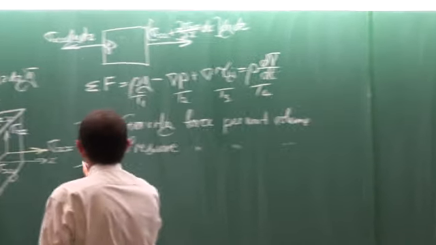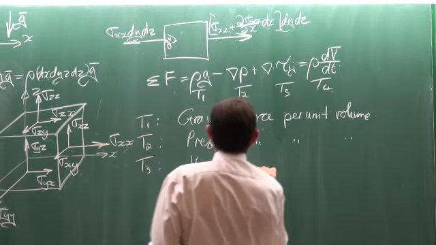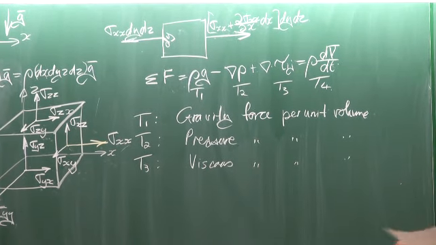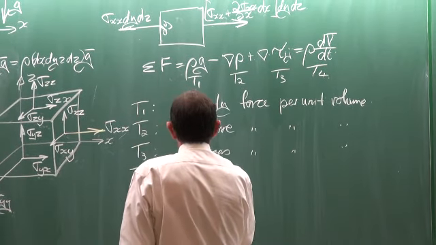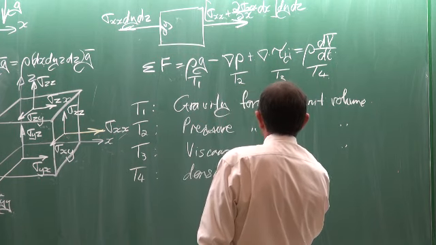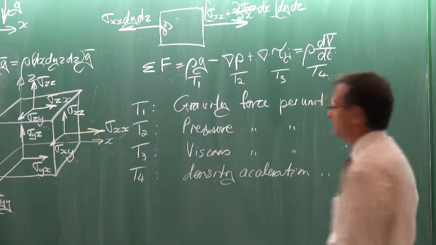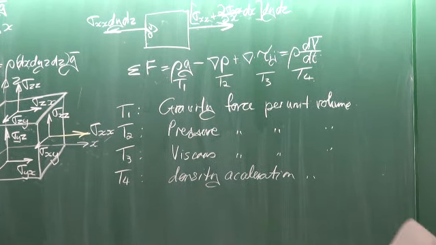Term 3 is the viscous force per unit volume, and term 4 is just the density times acceleration per unit volume. So that is what each one of those terms represents.